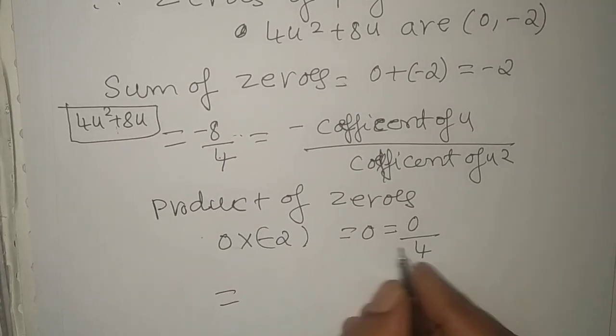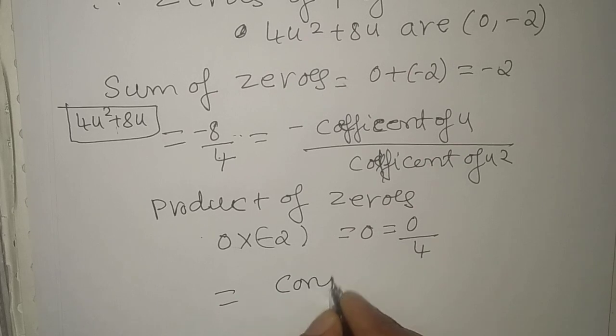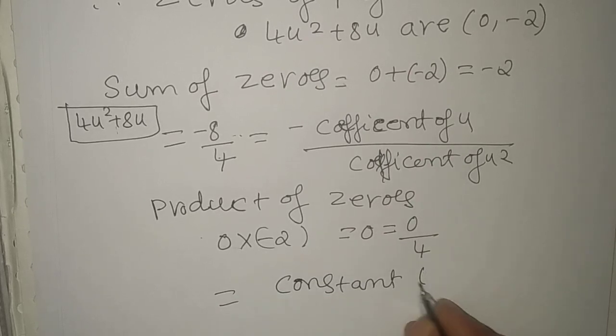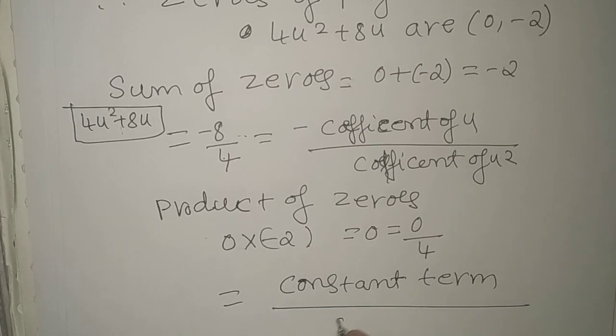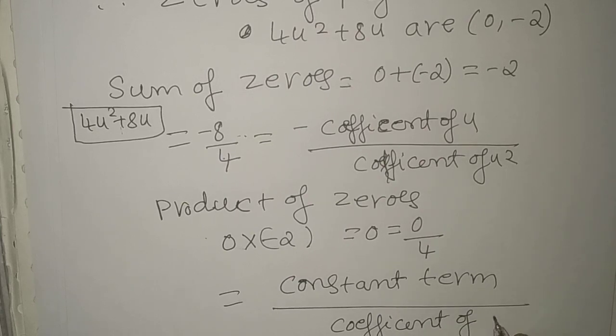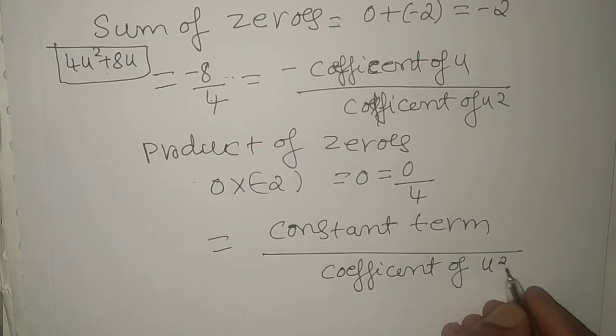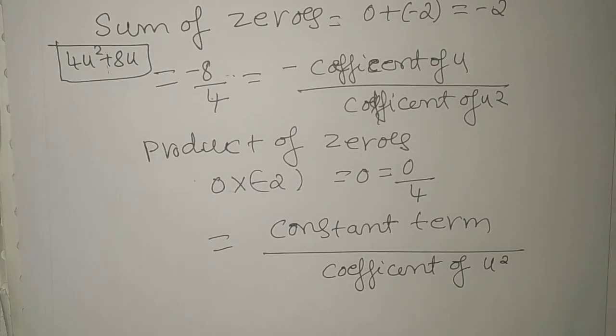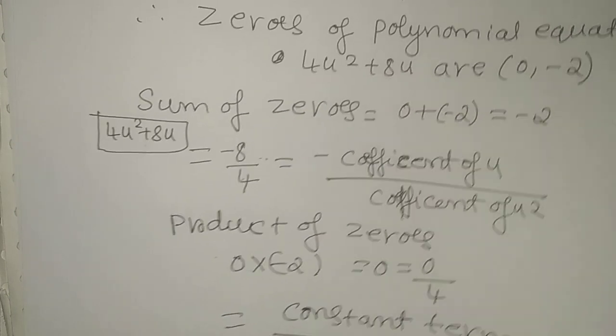So what is this? 0 is the constant term, and constant term by 4 is the coefficient of u square. So this is the fourth problem.